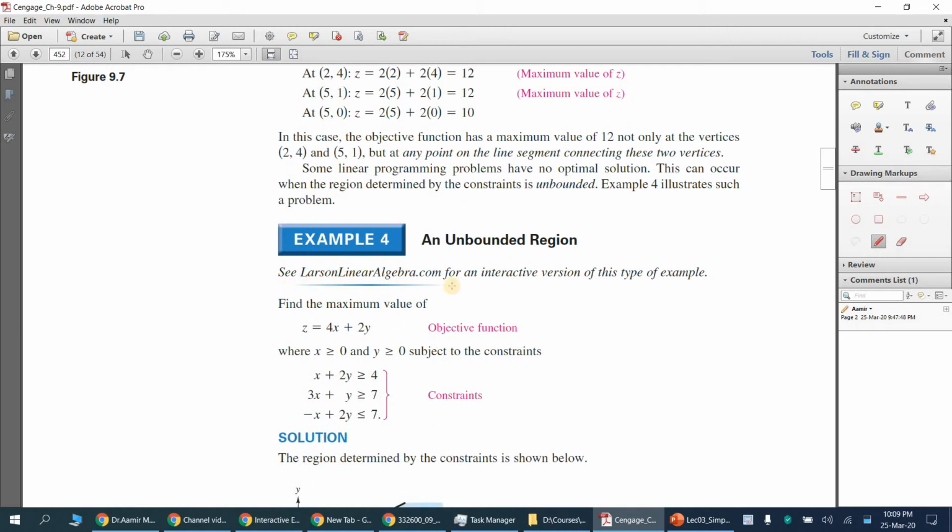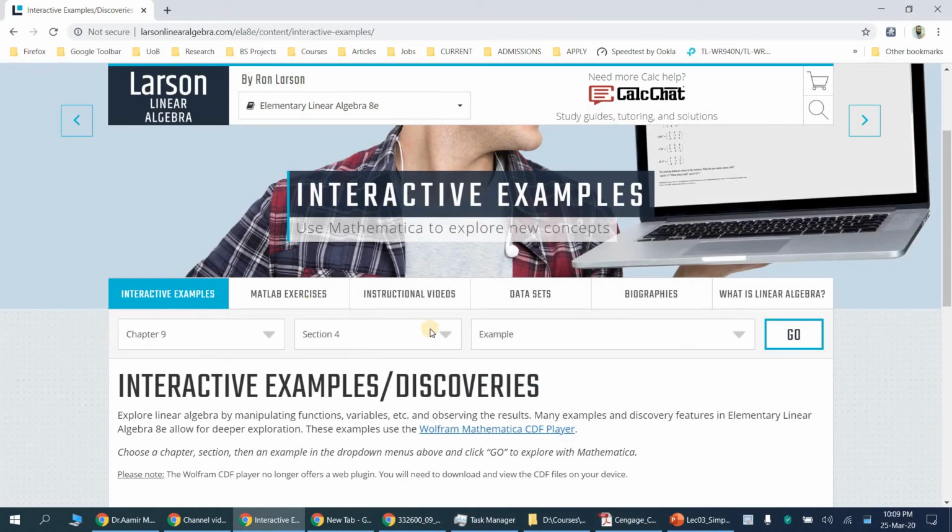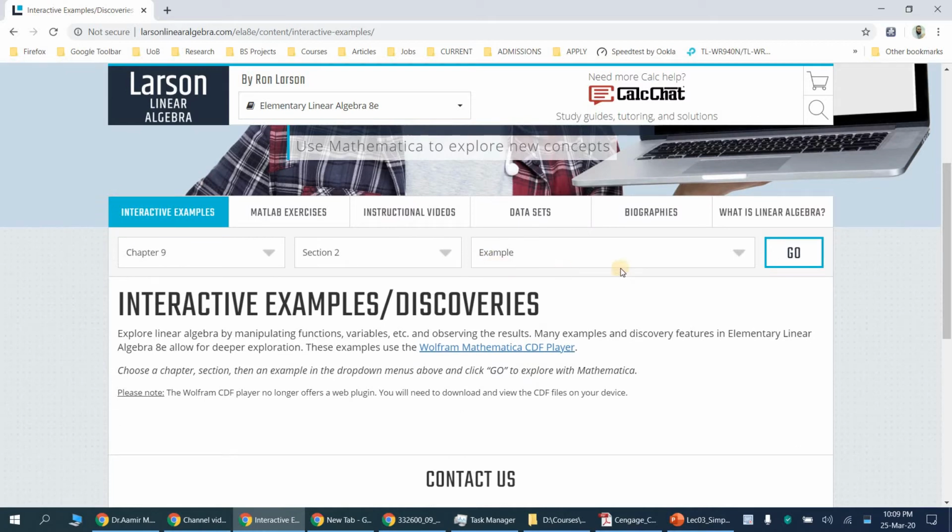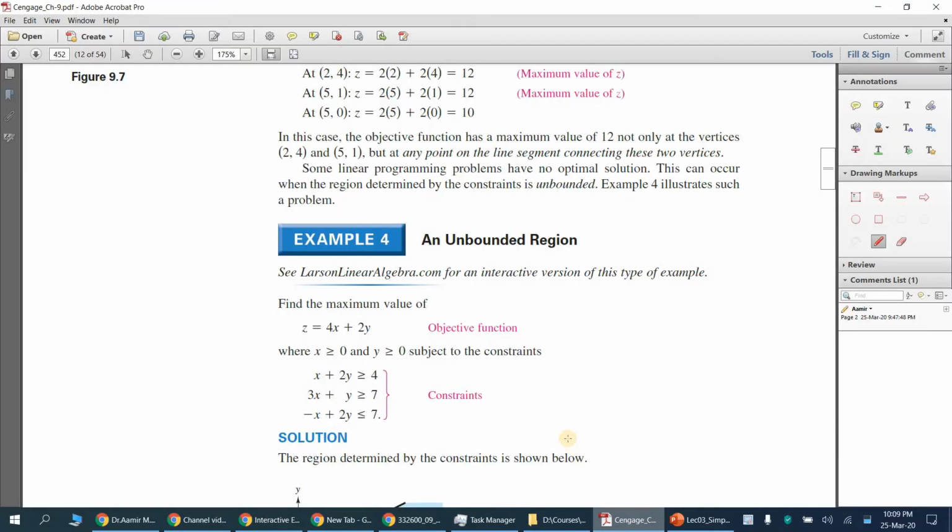Whenever this is written, the interactive version of the example is given on the site. So interactive examples, section number 2. It will take a little time, and then you click over here, example number 4. Only 4 is available. Other examples don't have graphics. So it is only for this example.